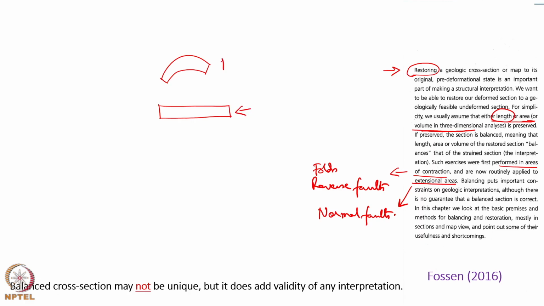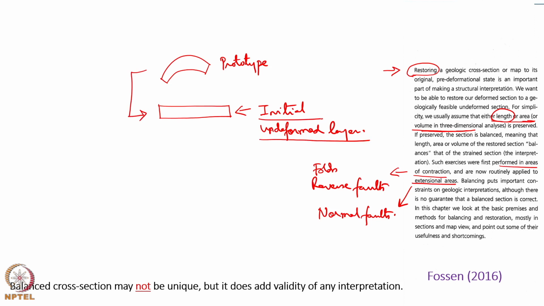So, this is the prototype, and this is the initial undeformed layer. This process of creating the initial undeformed layer is known as restoration. We do this restoration on the cross sections. Therefore, this is also known as cross section balancing.